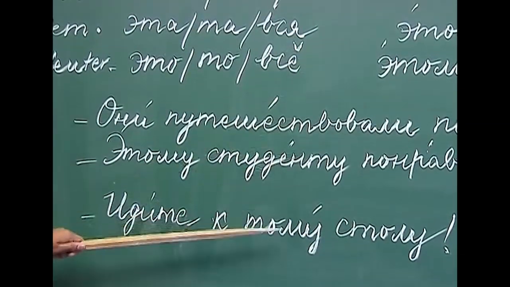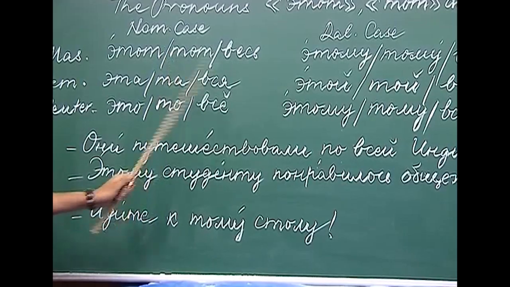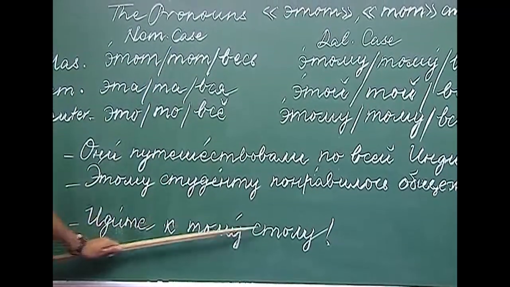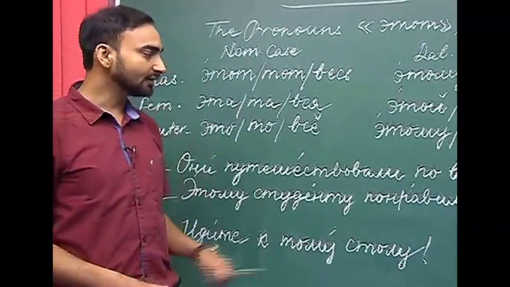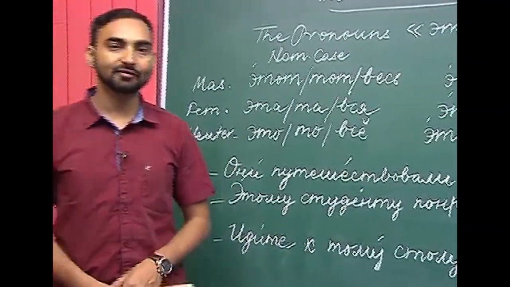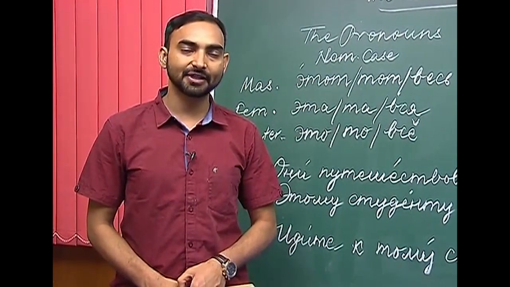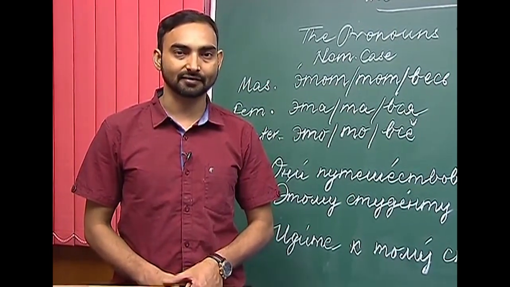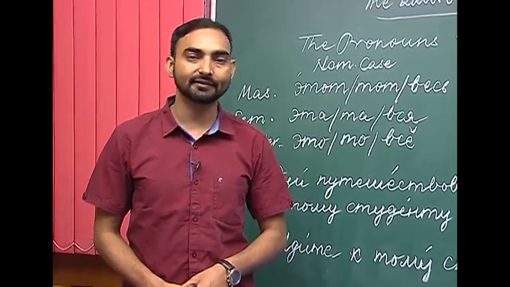As you can see, it is the masculine form of the pronoun тот. So, к тому столу, go to that table. This is how we use the demonstrative pronouns этот and тот and the determinative pronoun весь in the dative case.